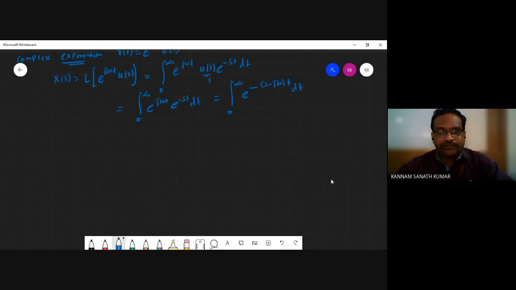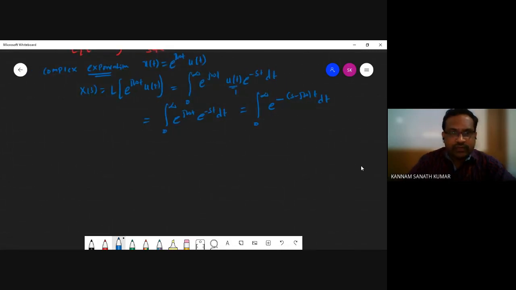So now if you apply the limits, e power ax by a, that means e power minus s minus j omega into t divided by minus of s minus j omega between the interval 0 to infinity. Okay. So anyway, minus 1 by s minus j omega is constant, so you can bring it outside.